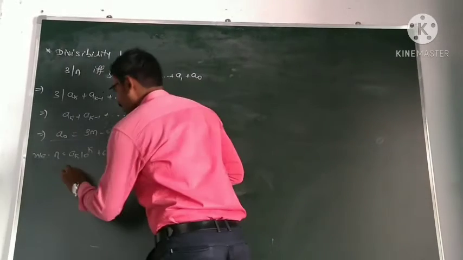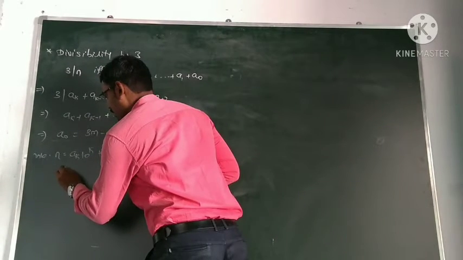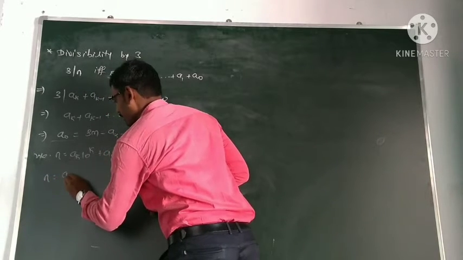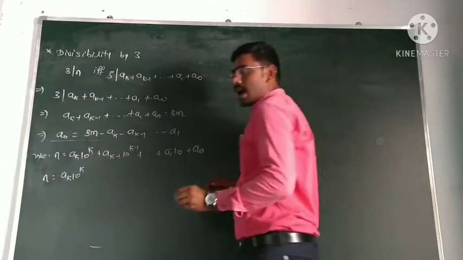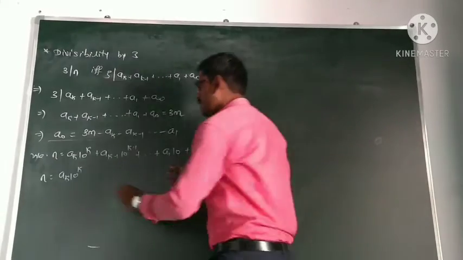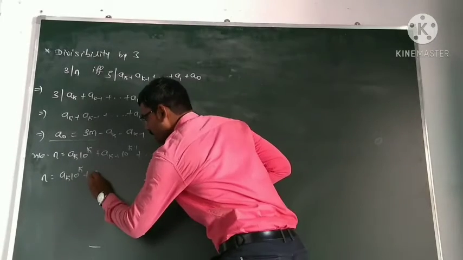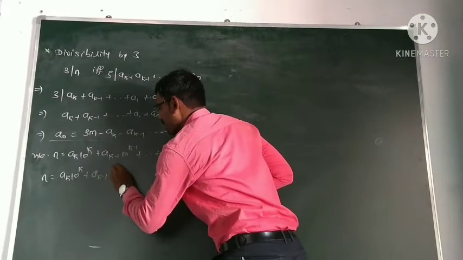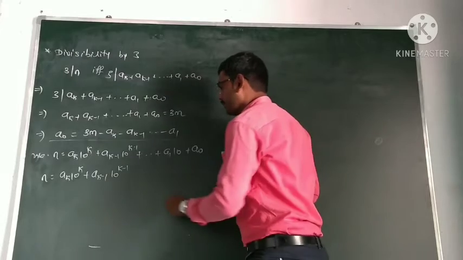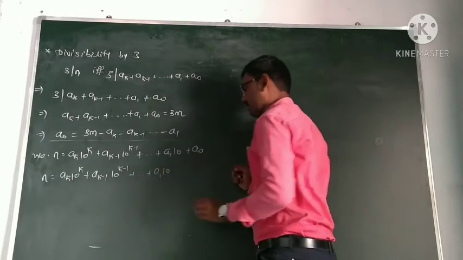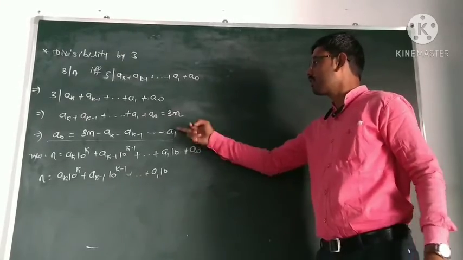This implies, putting the value of a0, we get n is equal to ak 10 raised to power k as it is, up to all the terms up to this are the same as it is. So ak minus 1 10 raised to power k minus 1, okay, up to a1 into 10. Now put the value of a0 here.